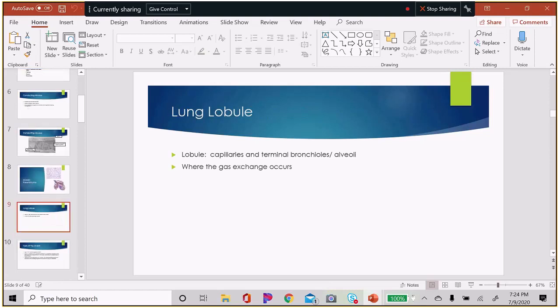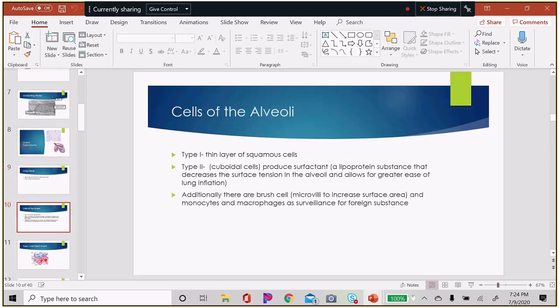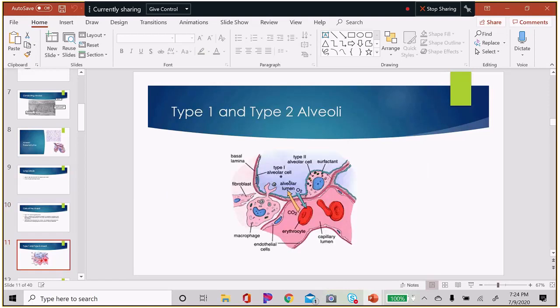The lung lobule is where the gas exchange takes place, or diffusion. Those alveoli are made of type 1 and type 2 cells. Type 1 are squamous cells, and type 2 are the cells that produce surfactant, which helps keep the alveoli from collapsing every time you breathe.